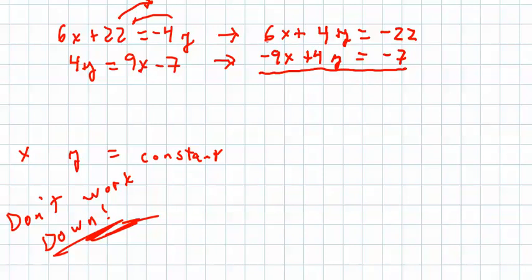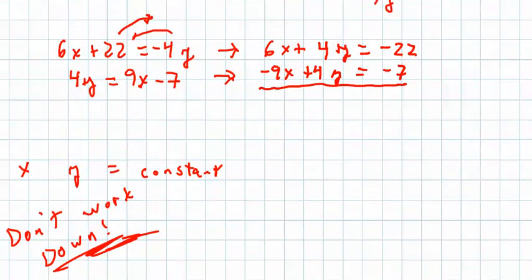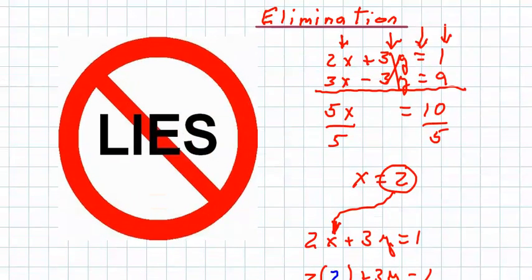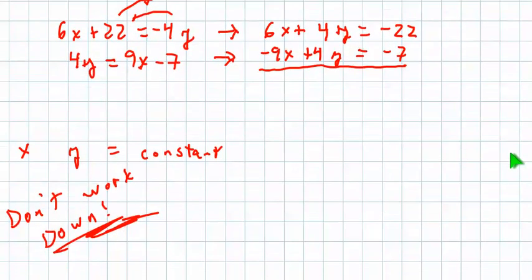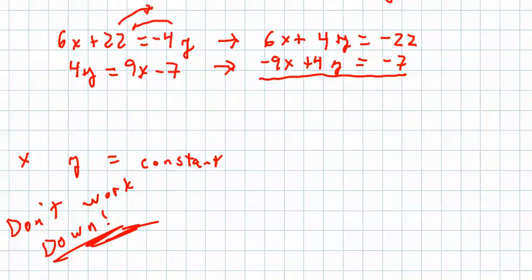Now, when we do this, we can either add or subtract to eliminate. Notice up here, the signs were opposite. I had a positive and a negative. So if I added, things cancel. Here I have to subtract.